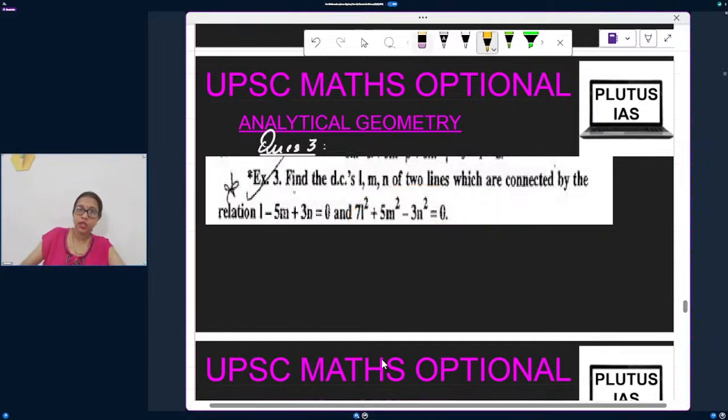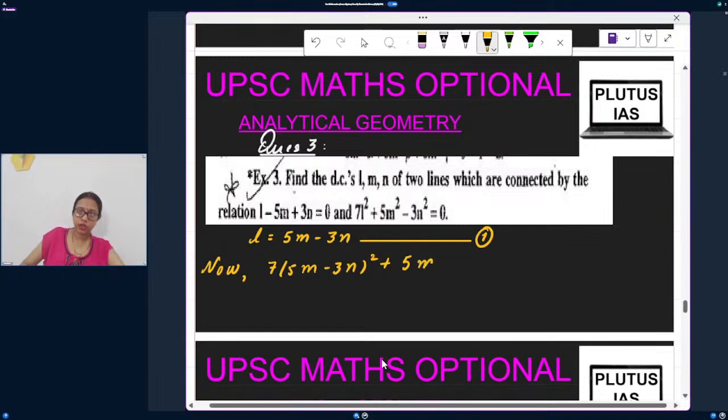See, from the first relation, find out any one of your direction cosines. I'll find out l. l is 5m minus 3n. Now, use it in the second equation: 7 times l square plus 5m square minus 3n square is equal to 0.